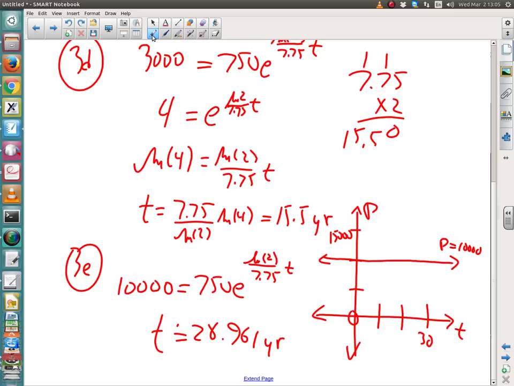That's 15,000, 10,000, 5,000. It's doing like this. And label this point. What is it now? It's 28.961, comma 10,000. That shows your work.